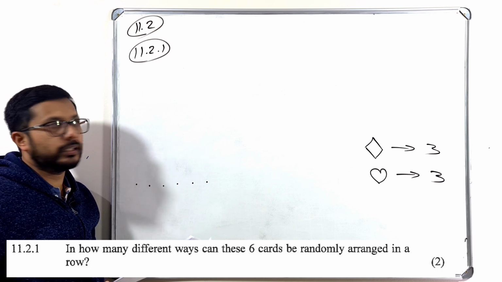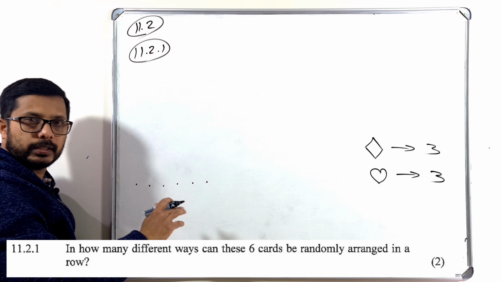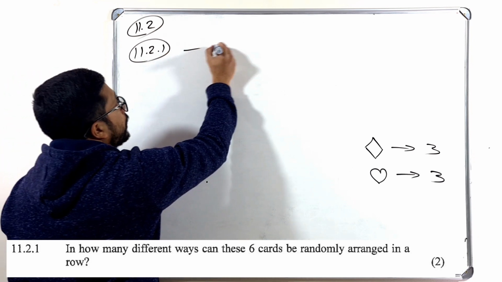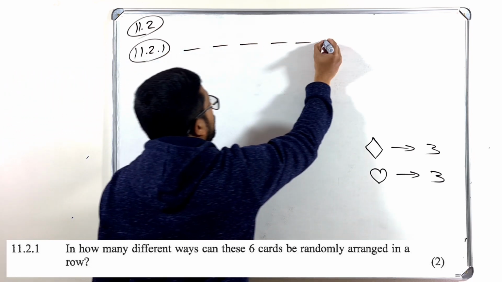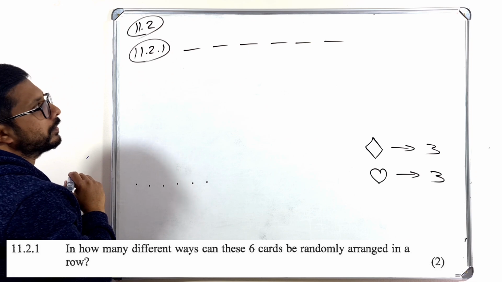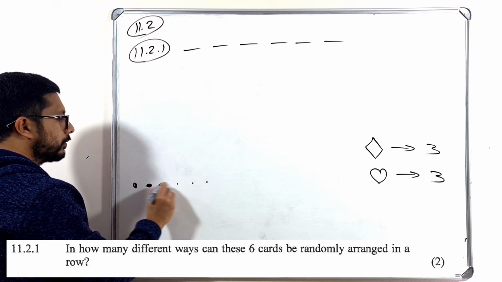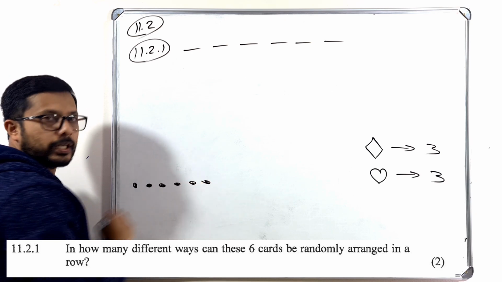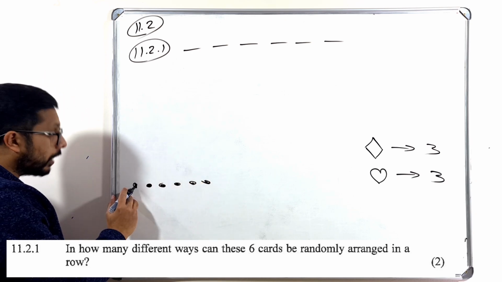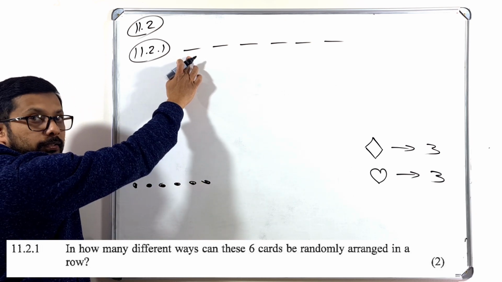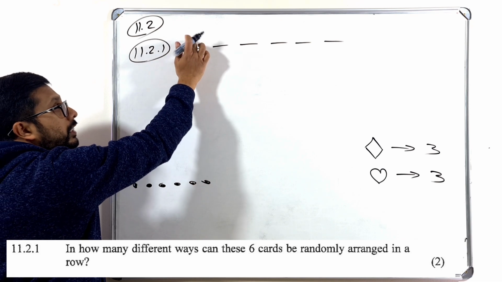So how can you find? How many cards are there? 6 cards. Okay, so let me write 6 spaces here. These are my cards.